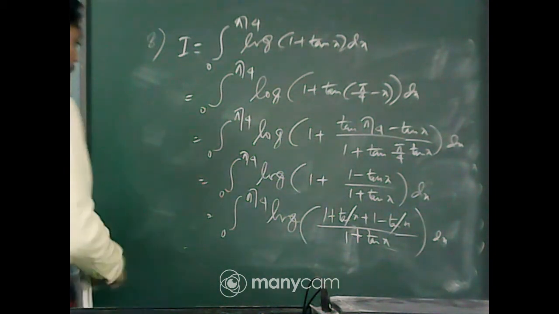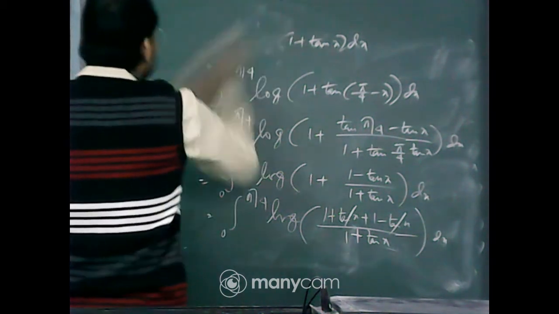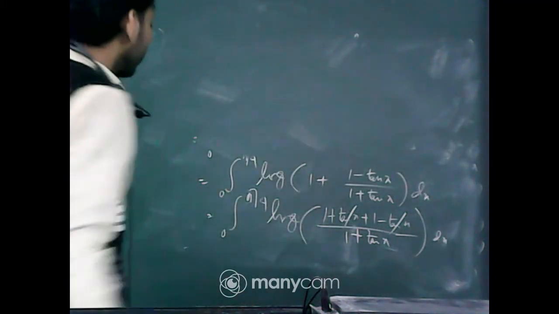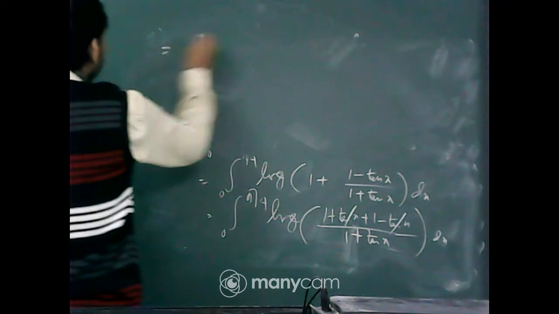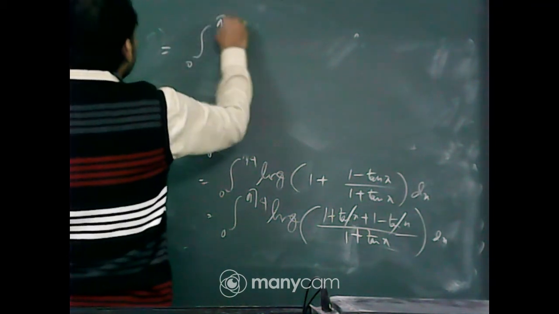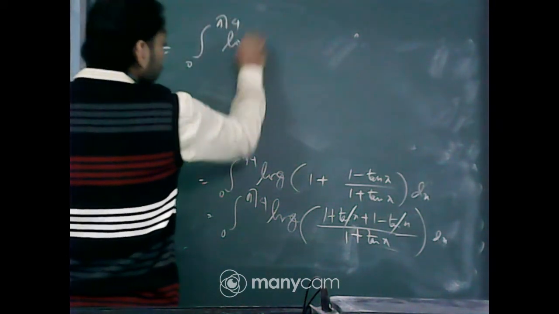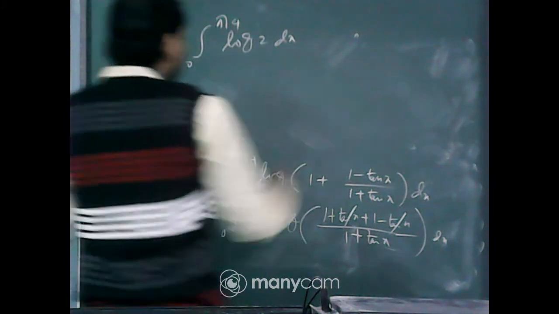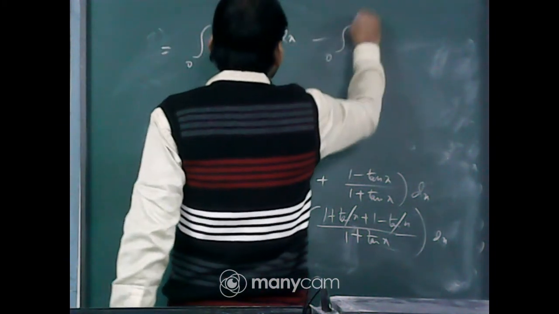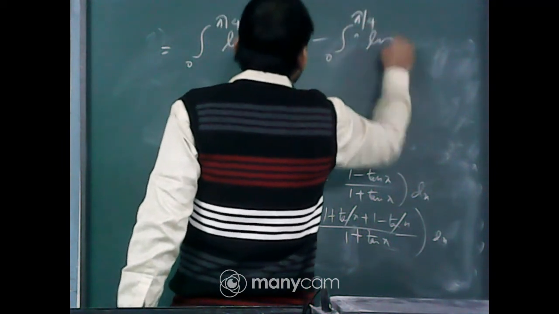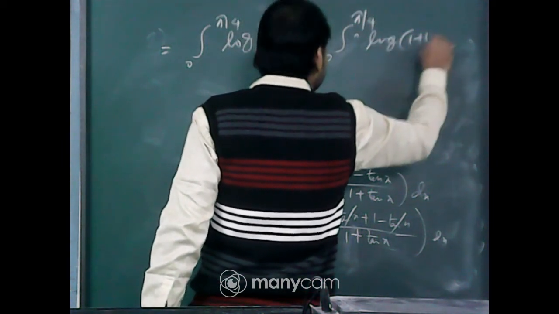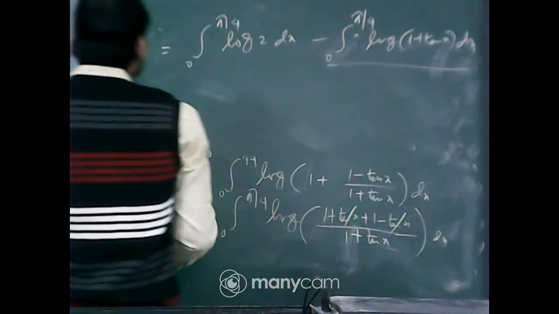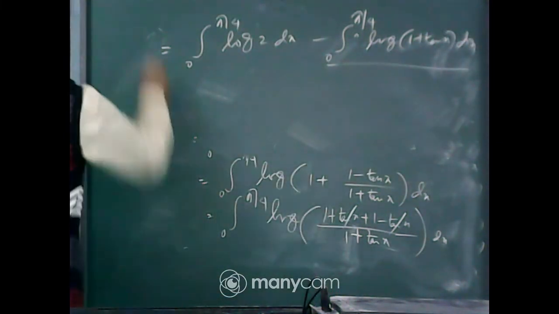That means I am erasing the upper portion. That means it will be integration 0 to pi by 4 log 2 dx, from the property of log, minus integration 0 to pi by 4 log of 1 plus tan x dx. Now look, the I is coming back here again.